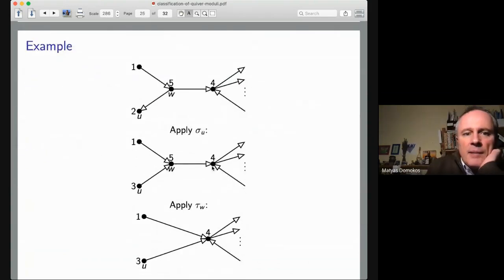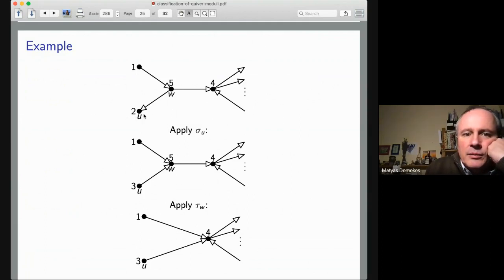So here is an example. We take a quiver, we have here a part of a quiver, and the dimension vector. So U, in this case, is a small sink.